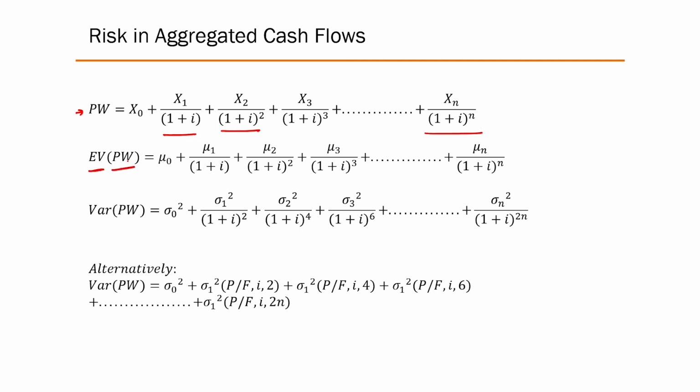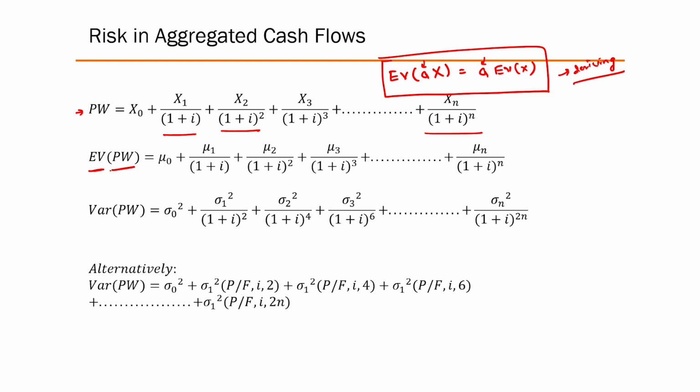Expected value of present worth. Essentially, expected value, I'll give you a formula here. I think all of you know this. This relationship holds: the expected value of A, a constant, multiplied by the random variable X, is equal to A coming out of the bracket multiplied by the expected value of X, right?